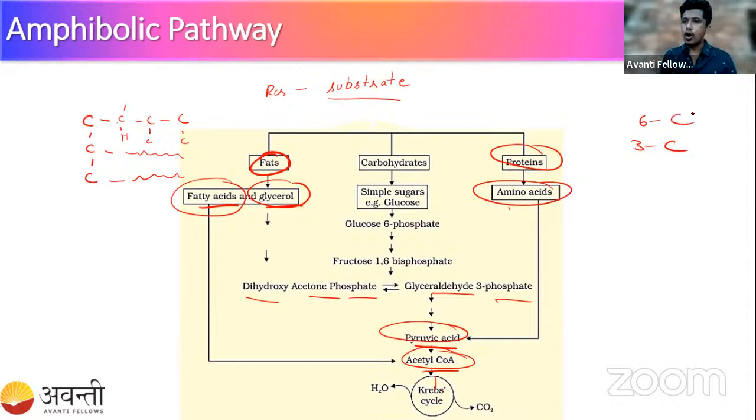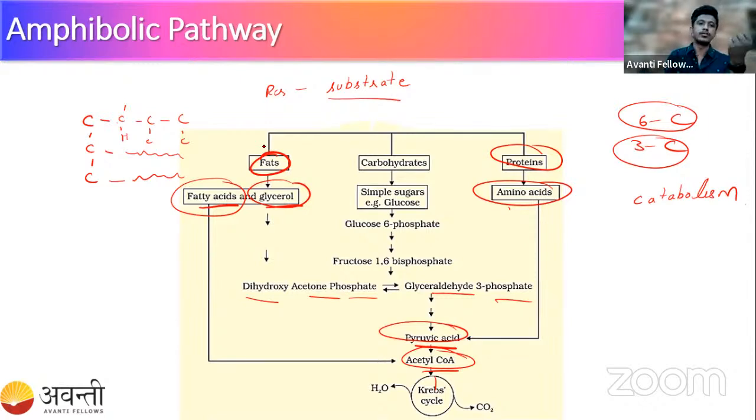So whenever a complex compound like glucose is broken down into a simpler compound like pyruvate, this is nothing but catabolism, okay? Here also, the fats are very complex, like triglycerides. When they were broken down into simpler forms, they give rise to fatty acid chains and glycerol. And then again, the simpler forms would be acetyl-CoA or pyruvate. Okay, so here also it is catabolism.